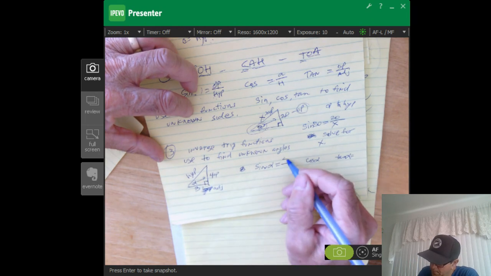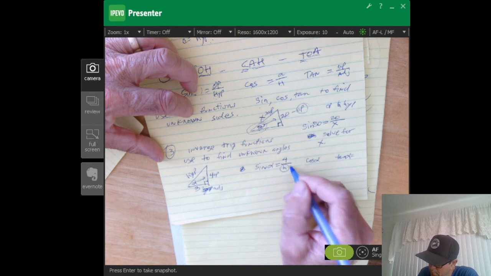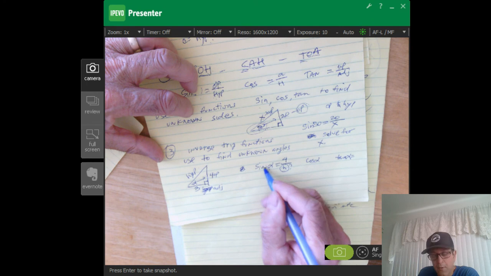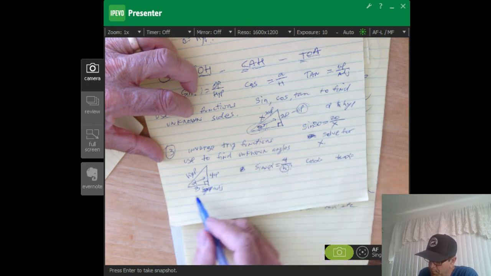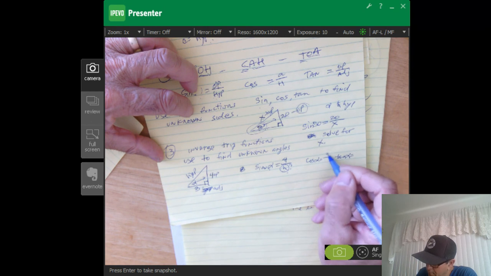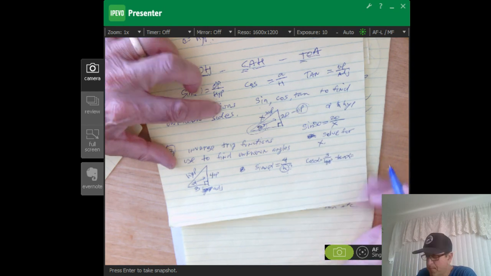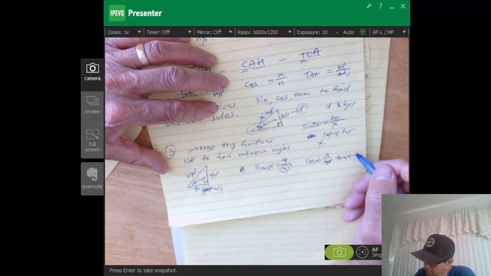So we have 4 over h, and we don't know that. We have two unknowns here. We need to know both of the sides for it to work. The cosine would be the adjacent, which is 3 over h. That's not going to work. The tangent, our last one, is going to be 4 over 3.